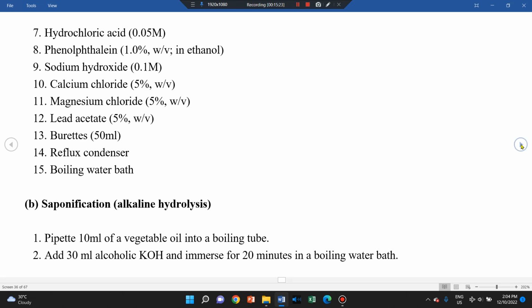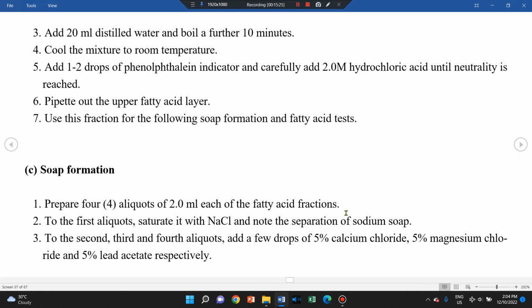Okay. Next, after boiling for 20 minutes, further boil for 10 minutes, but before that, add distilled water. But be careful, it might boil to a level where when you add it, it fires up or shoots out, and therefore you need to be very careful.